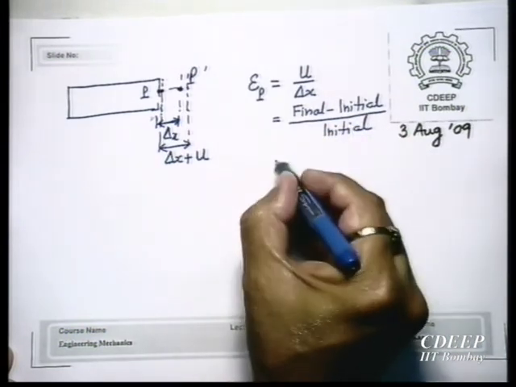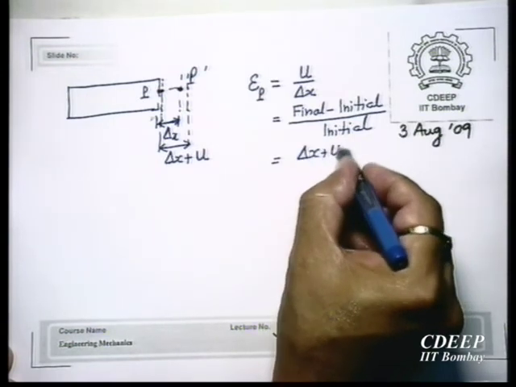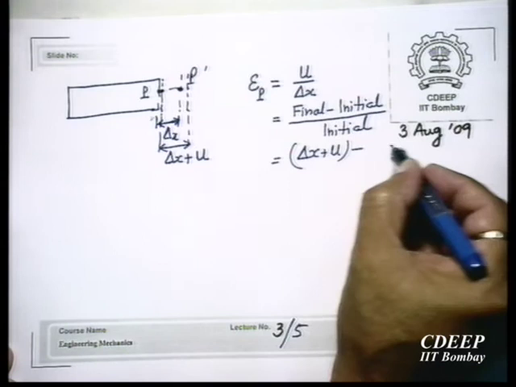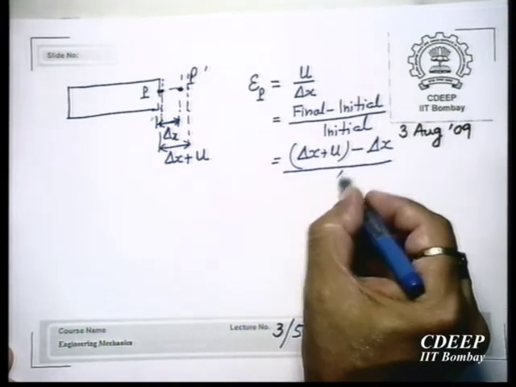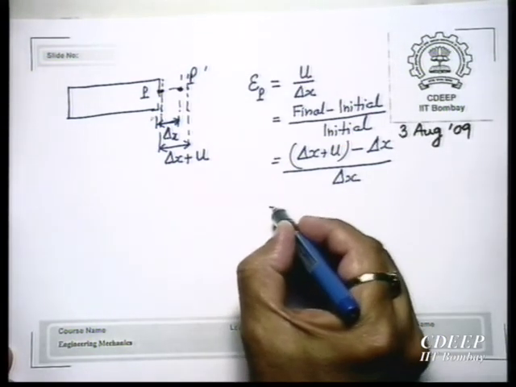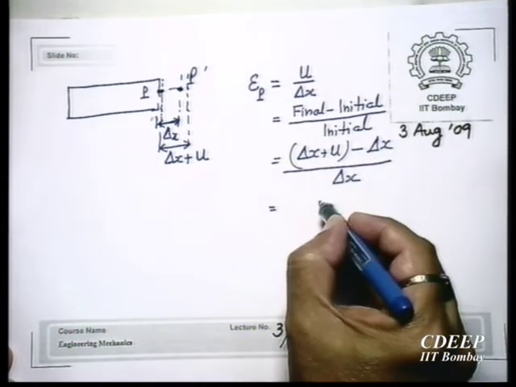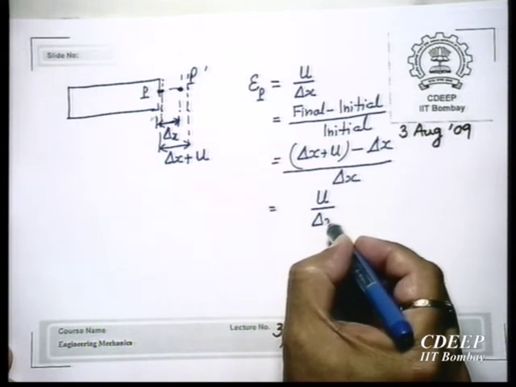So, it is final, delta x plus u, minus initial, delta x, divided by delta x. I am talking in a differential sense, in a very small element, and it comes out to be u by delta x.